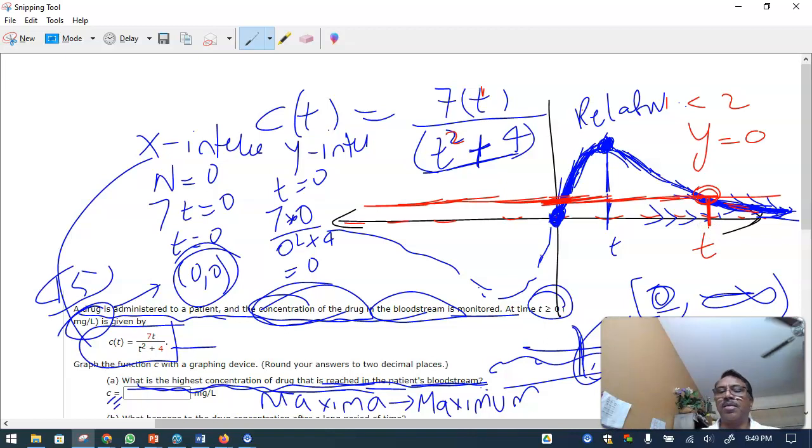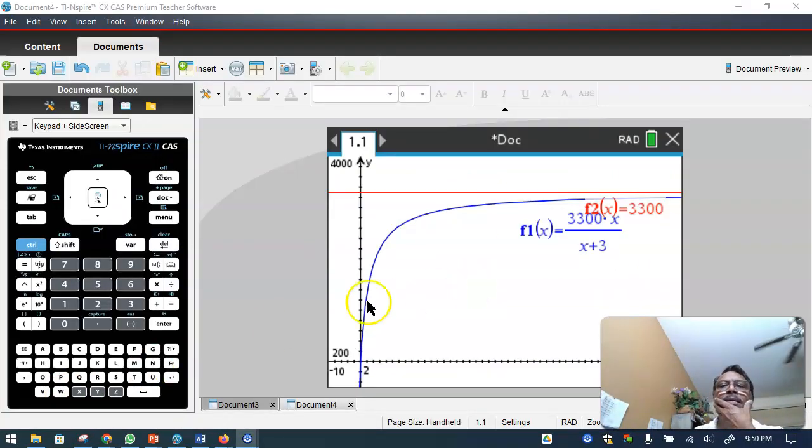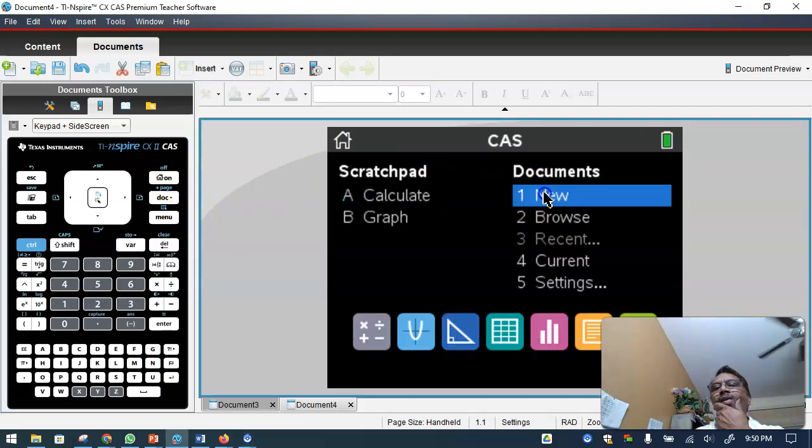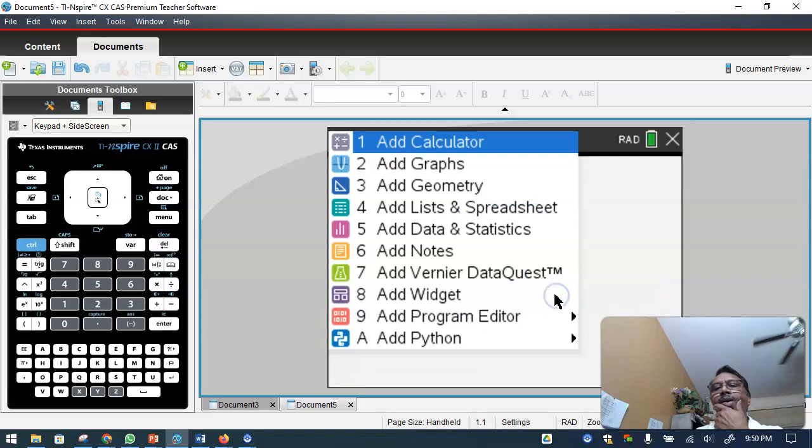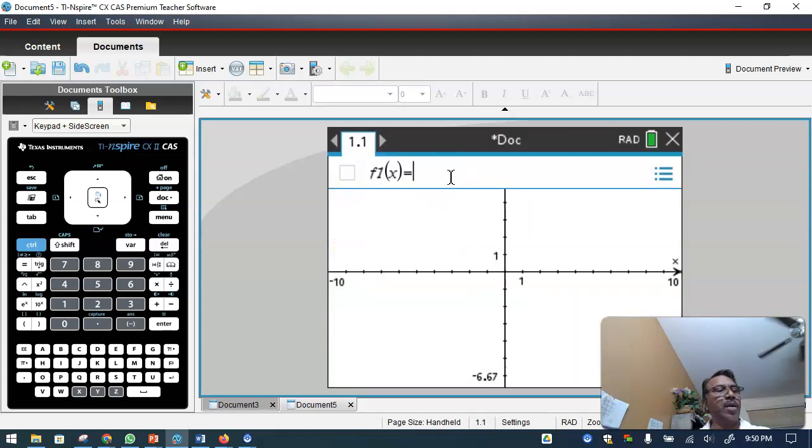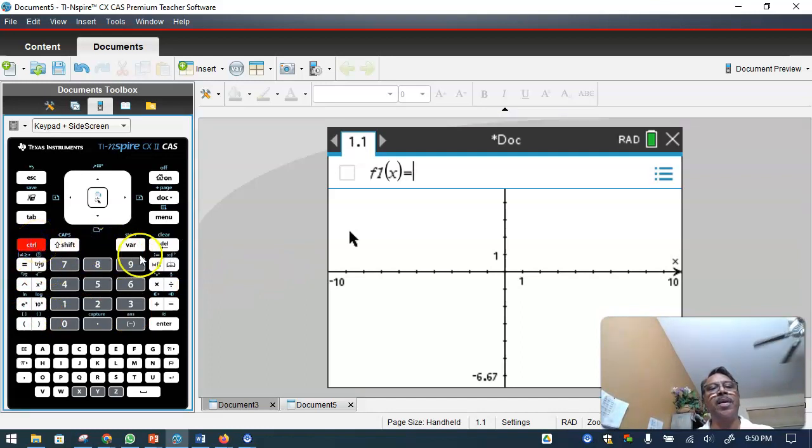So let's put it directly into the graphing calculator. This was the one that we did previously, so I'm going to take a new one and delete the old one, and click on graphing. Then you need the numerator denominator template. Sorry, I made a mistake here.